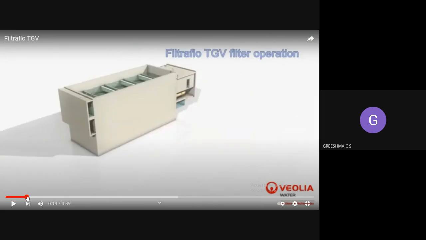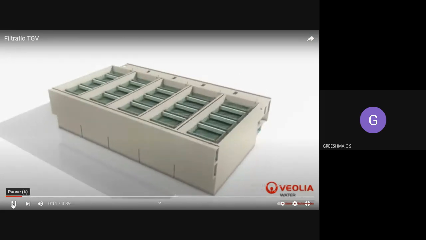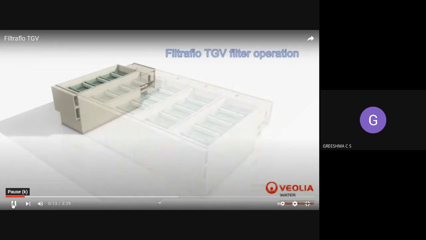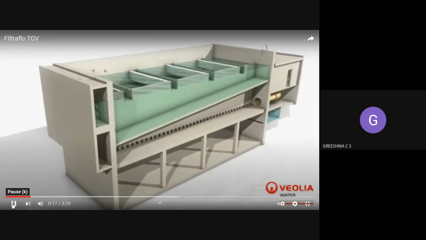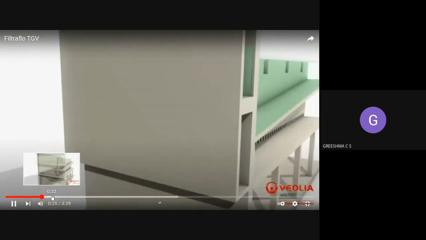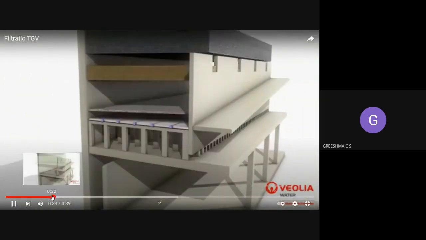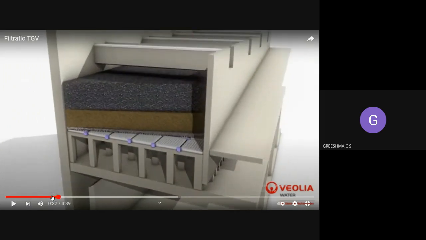So this is a video of a rapid gravity filter. So this is the filter bed.